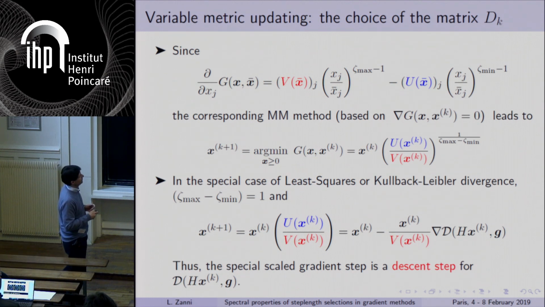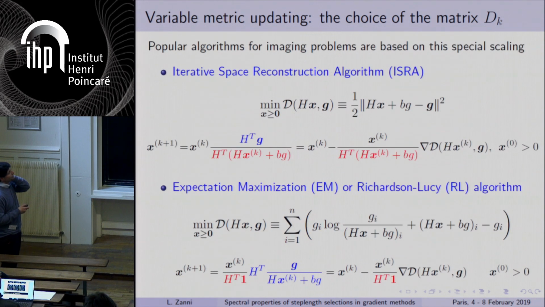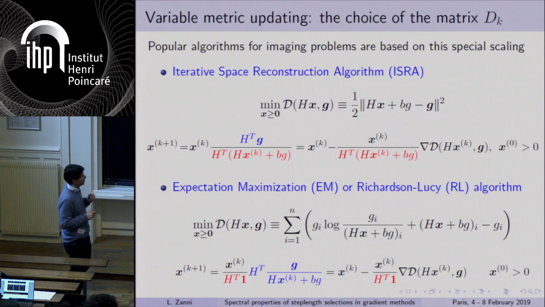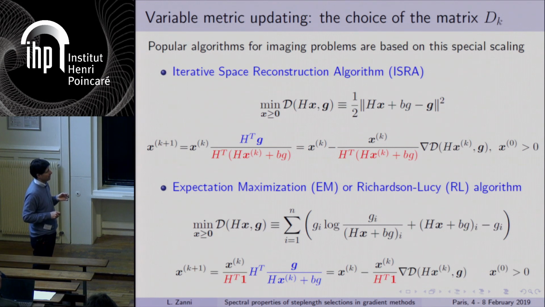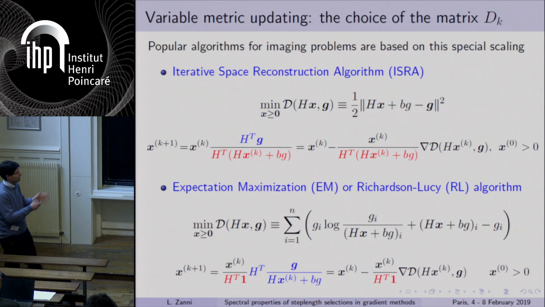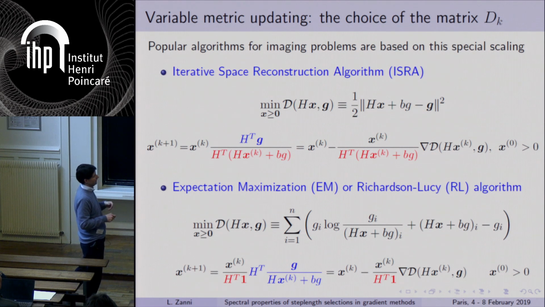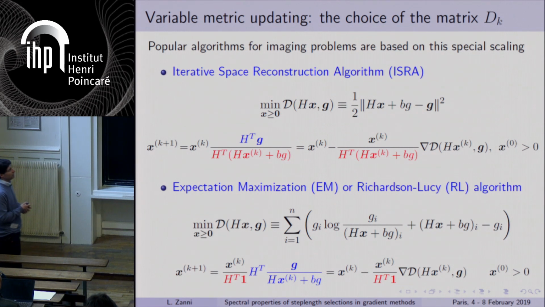To complete this discussion, I remember that this kind of scaling is the basis of very popular algorithms in imaging. For example, the ISRA algorithm for minimizing the least square divergence is just a scaled gradient method that exploits this kind of scaling. The Richardson-Lucy or expectation maximization algorithm for minimizing the Kullback-Leibler divergence is just a scaled gradient method that exploits this kind of scaling. Then if I exploit this scaling in imaging, I'm working with a scaling strategy already exploited by other algorithms.